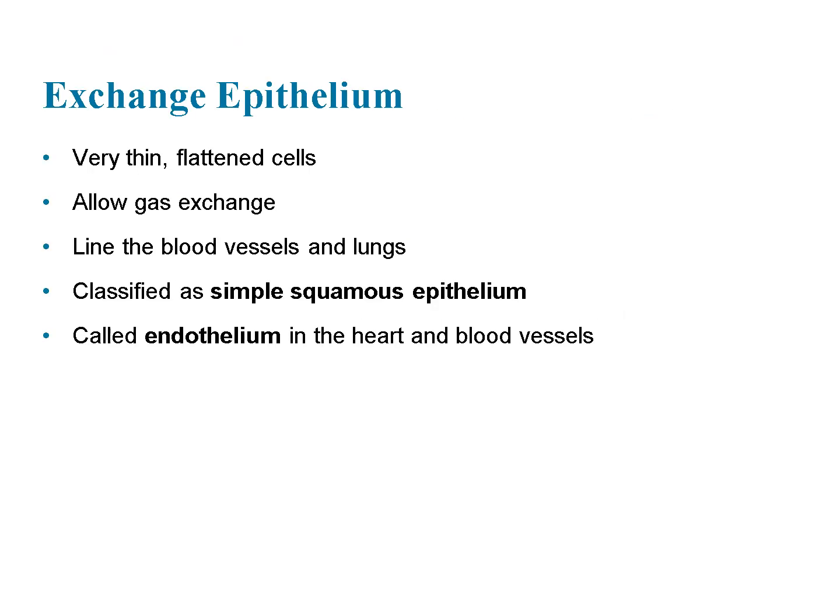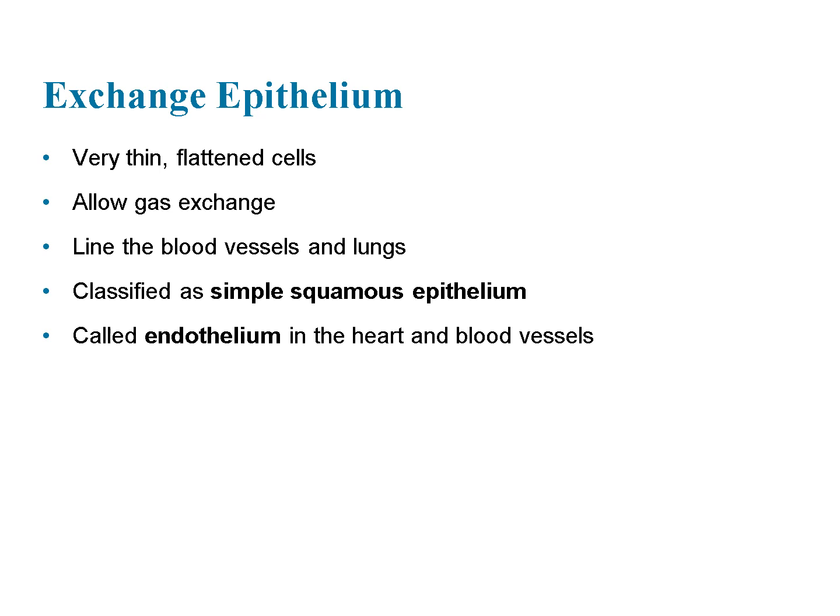Let's dive into exchange epithelium. It's like the ultra-efficient delivery system in our body. These tissues are made of very thin, flattened cells, and their main job is to facilitate gas exchange. Think about how quickly oxygen and carbon dioxide need to move in and out of the lungs or blood vessels. These cells make that possible.